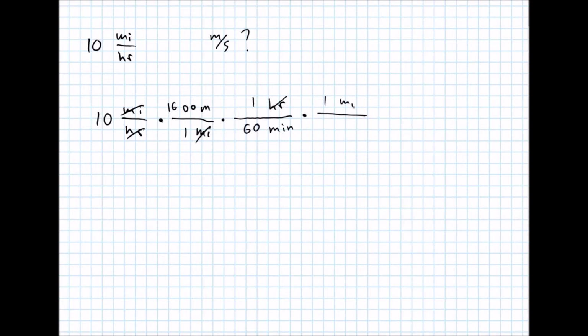In 1 minute, there are 60 seconds. That cancels minutes, and I'm in meters per second. So it looks like the math I perform is 10 times 1,600 divided by 60 divided by 60 again. Let's try that out, and I'm getting 4.4 meters per second.